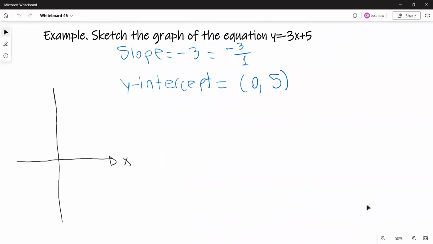Okay, so we're going to sketch the graph of the equation minus 3x plus 5. The slope is -3, and the y-intercept is 5. It's (0, 5). And from there, we can plot at least 3 points.